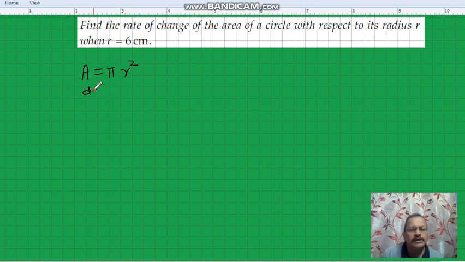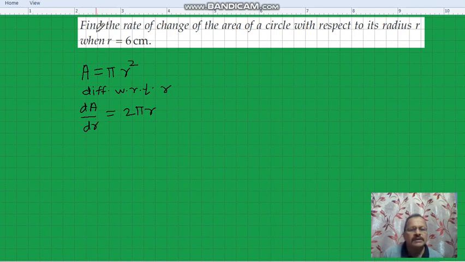So differentiating this with respect to r, we get dA by dr is equal to 2 pi r. It is the rate of change of A with respect to r, that is the rate of change of area with respect to radius.